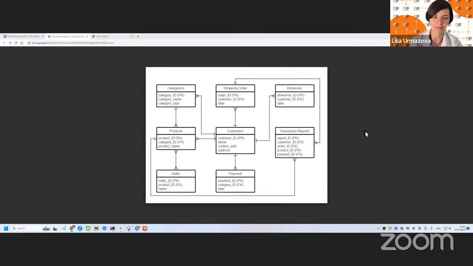Let's discuss together. I will hear your discussion, hear your results in 15 minutes. And then I will share the bookstore diagram, and we will try to discuss it together at the end of today's workshop.